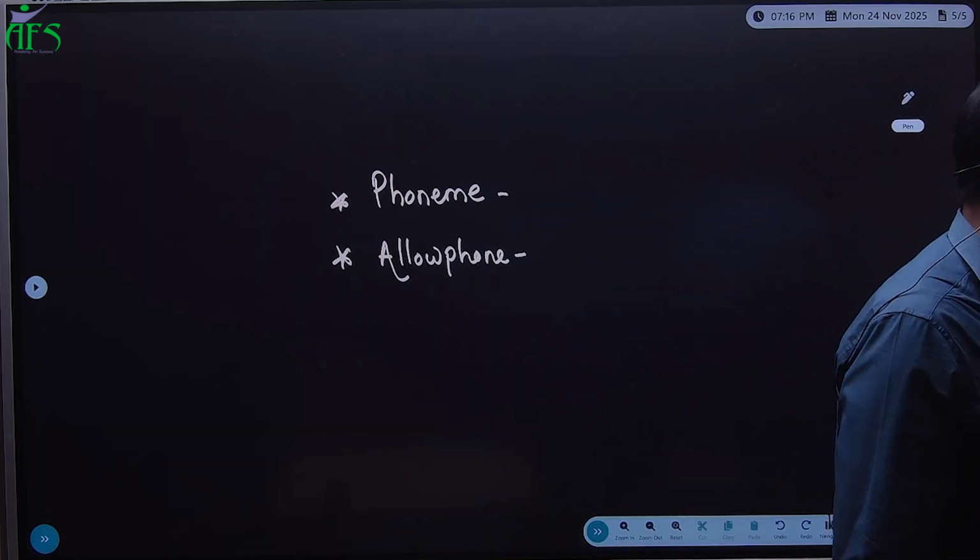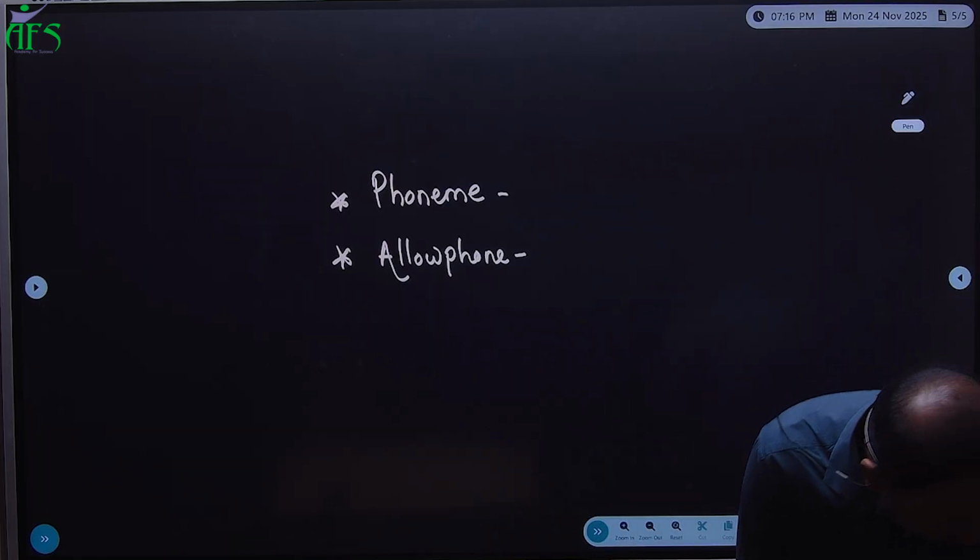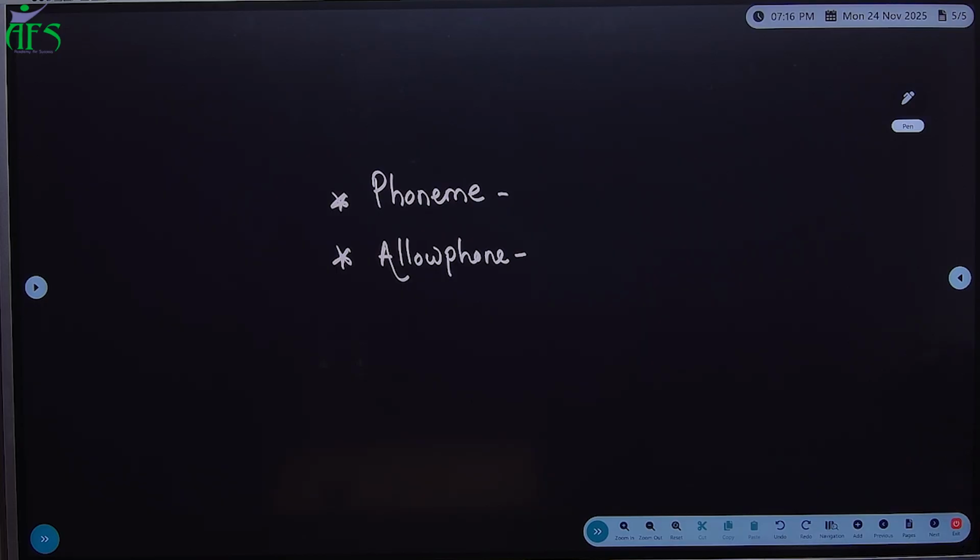So in linguistics, speech sounds are called phonemes. As you know, the minimal distinctive unit of speech, a more technical definition, the minimal distinctive unit of speech in a language is called a phoneme. The shortest part of the language is the phoneme.